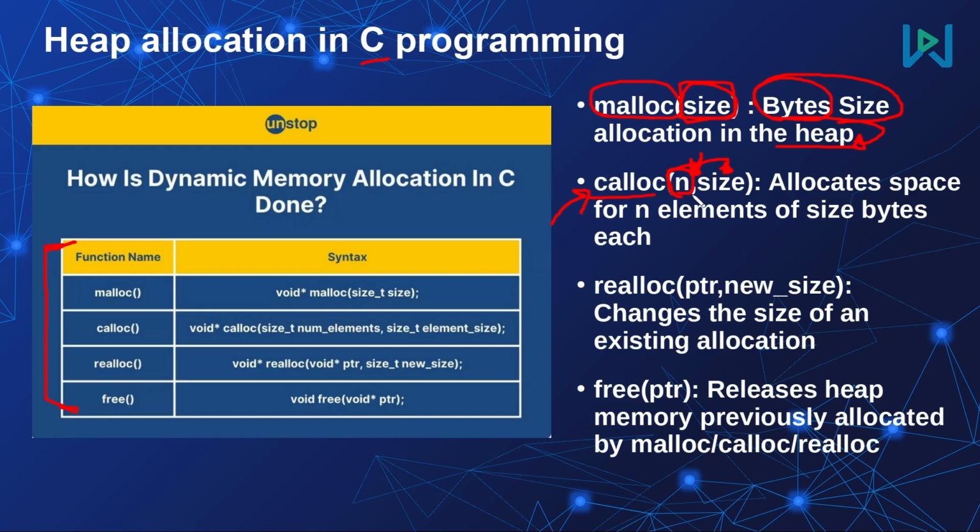So n times size will define the total amount of memory area to be allocated within our heap segment.